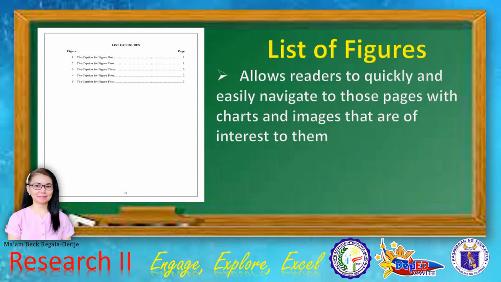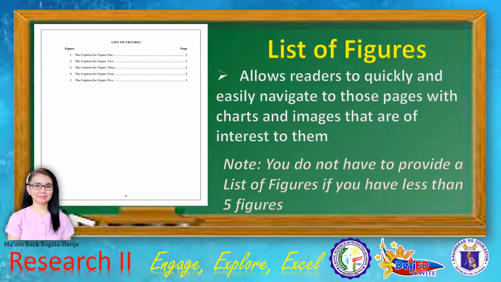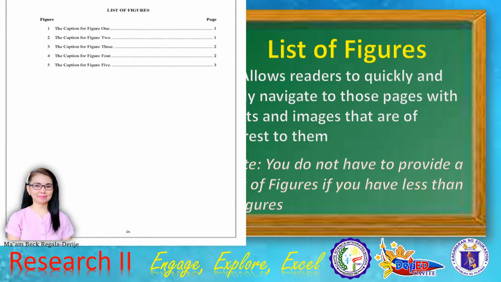And of course, just like the list of tables, you can also make use of a text box to create the list of figures. Again, note, you do not have to provide a list of figures if you have less than 5 figures. So, the figures are the images and charts. The tables are the real tables, those with columns and rows. So, we have here an example.